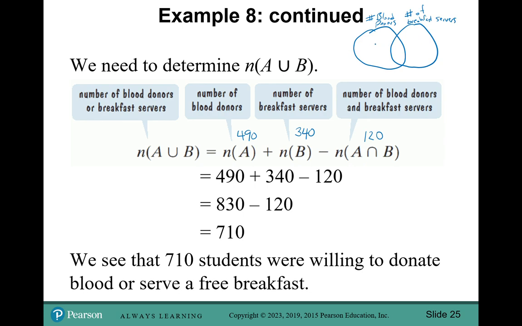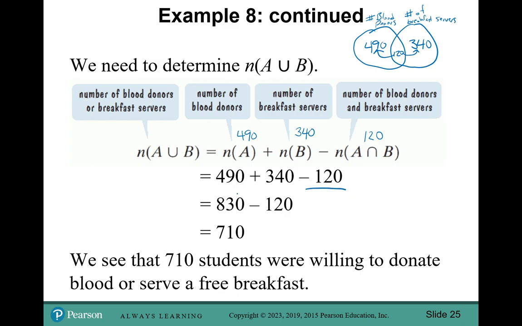If you put these two numbers together, this 490 would be the entire circle of blood donors, including the intersection. This 340 would be the entire circle of breakfast servers. And remember, they share 120 here in the middle. But this 120 is included in the 340 and it's also included in the 490. So when you add 490 and 340, you've essentially added 120 in twice. And you don't want to do that. That's why we have to subtract it off here one time.